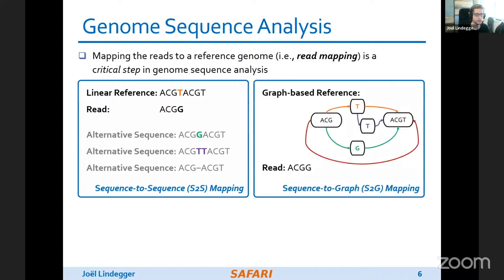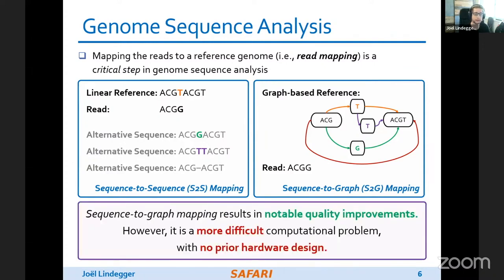Now, alternatively, we can go to a graph-based reference where we encode all alternate variations or all alternative sequences into a single reference. But instead of just a single string, now we have a graph. This makes it a more difficult computational problem. And also, it makes it such that hardware is a bit harder to design for it.